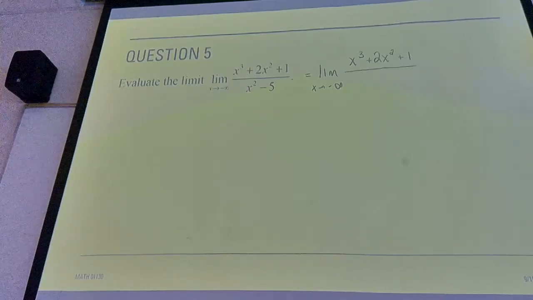Highest power in the denominator is x squared, so factor out an x squared. Move it up to the numerator.